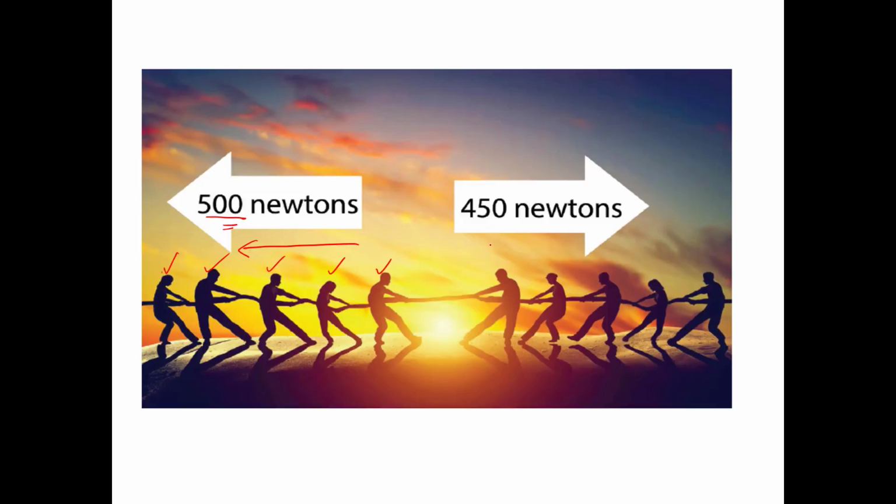And then all of these ones are pulling with a force of 450 newtons to the right. Now, if these are not equal, like we're saying here, that 500 newtons is bigger than the 450 newtons, then these two forces are unbalanced, they are unequal, and therefore the winning side will be towards the left-hand side. So the difference between these two forces is what we call the resultant of forces.